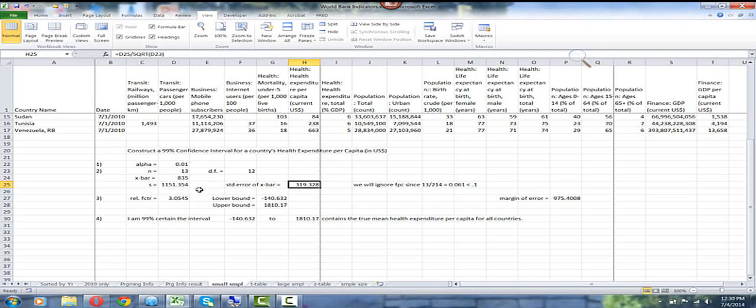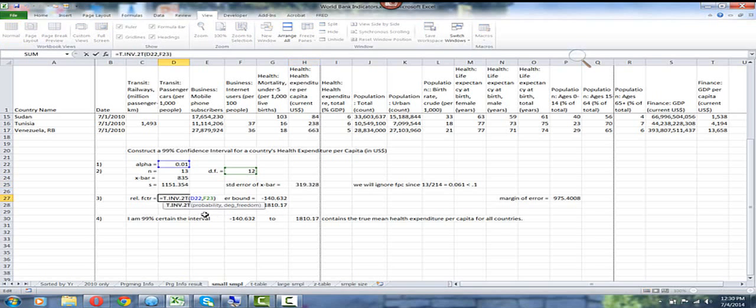And because I have a small sample size and sigma is unknown, in this case I don't know sigma. I calculated the variance and standard deviation from the sample, so I don't know the population standard deviation, so I have to use a t.